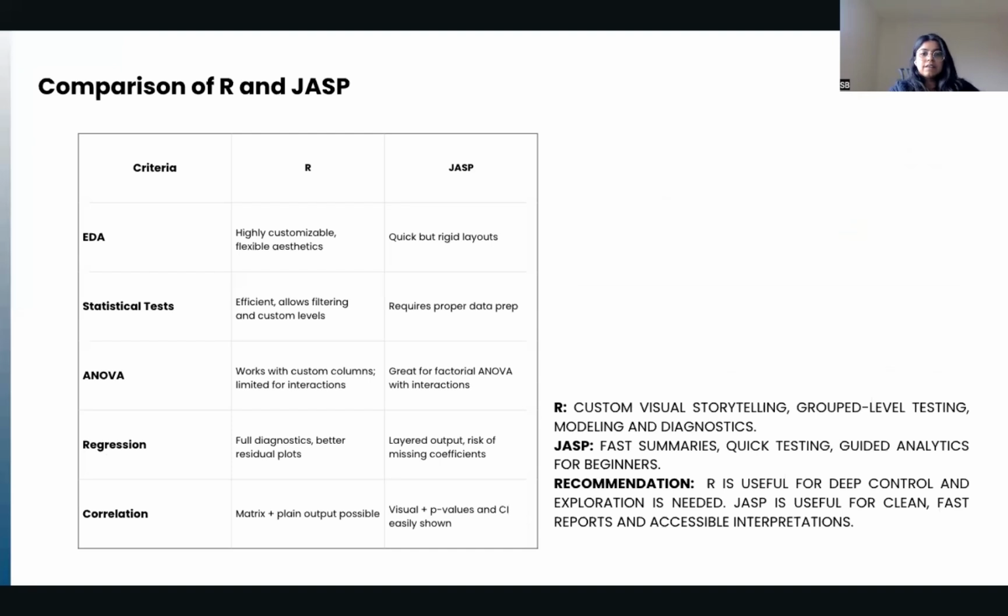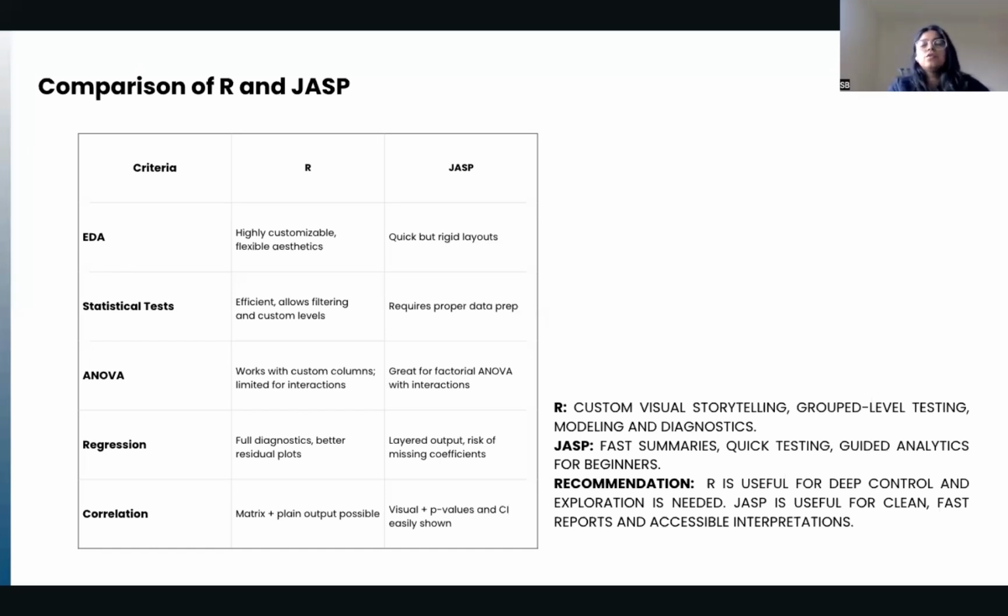For the t-test and ANOVA, R is a lot better at filtering as it gives us options to take many subsegments, whereas in JASP we have to filter and choose only two. And for regression, R provided detailed diagnostics, but JASP gives us more for exploring interactions.